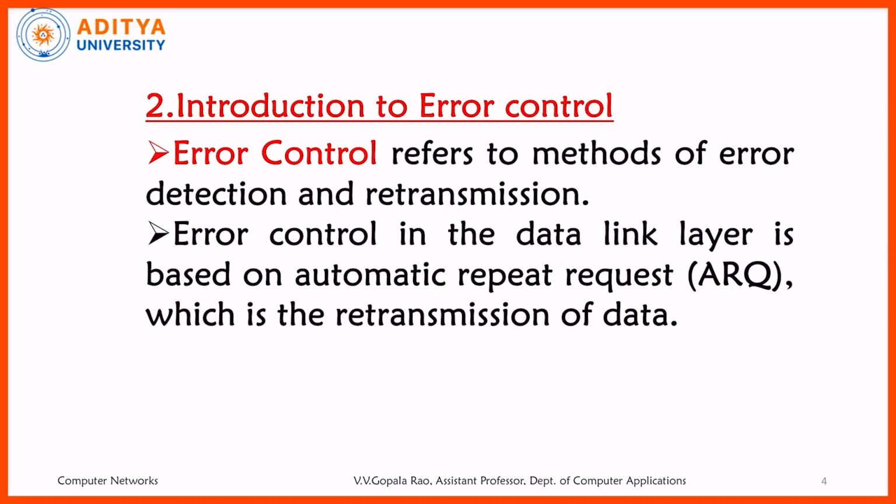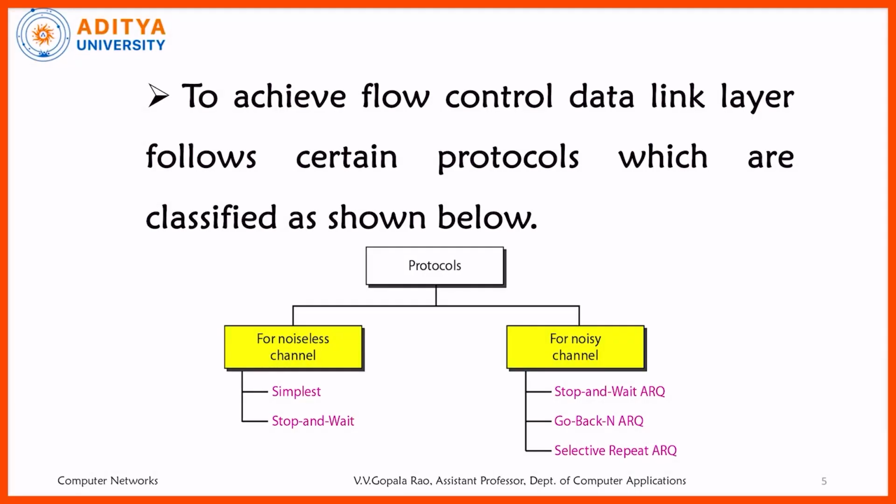All these things can be identified by the sender based on the acknowledgement made by the receiver. That is why flow control and error control are very important as far as the reliability of data and the control of the flow are concerned.